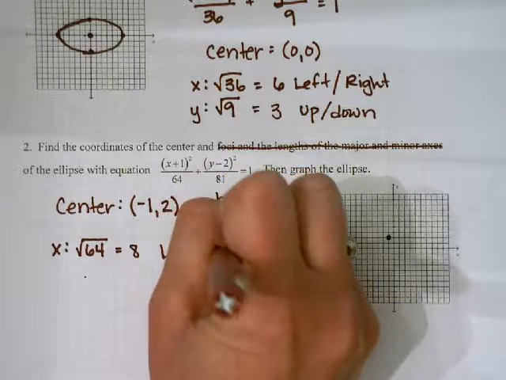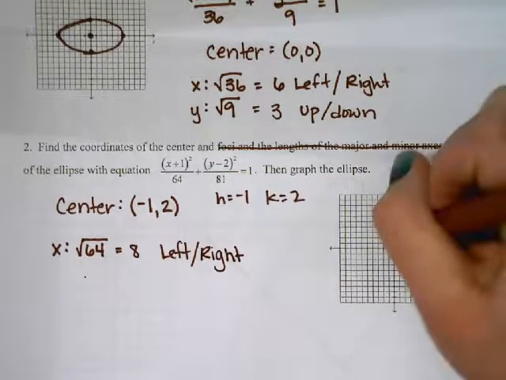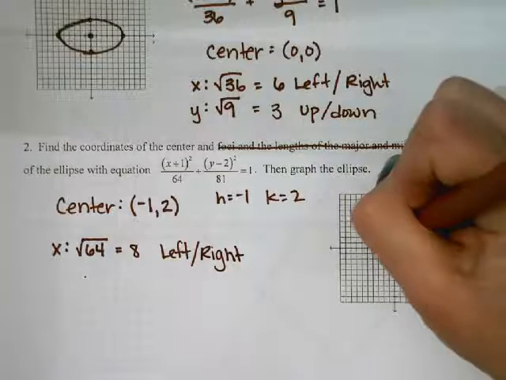So start at your center, go 8 to the left and 8 to the right.